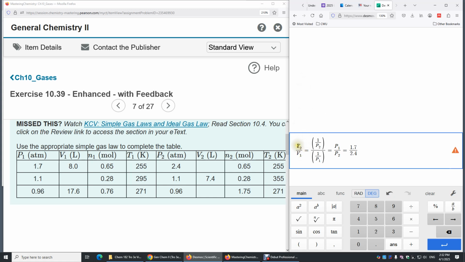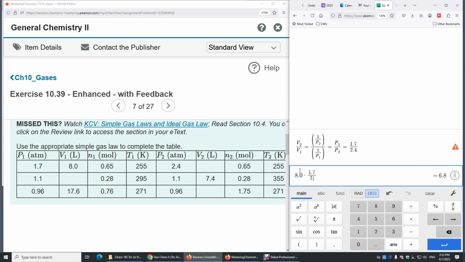And therefore, V2 is V1 times this. V1 is 8.0 times 1.7 over 2.4. We have the answer here, 5.7. We can double check qualitatively.